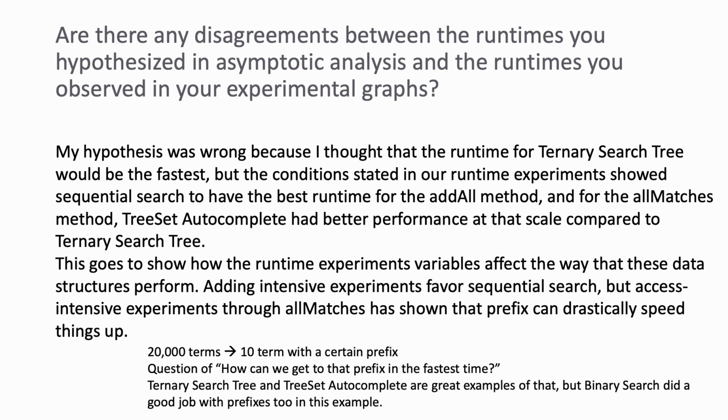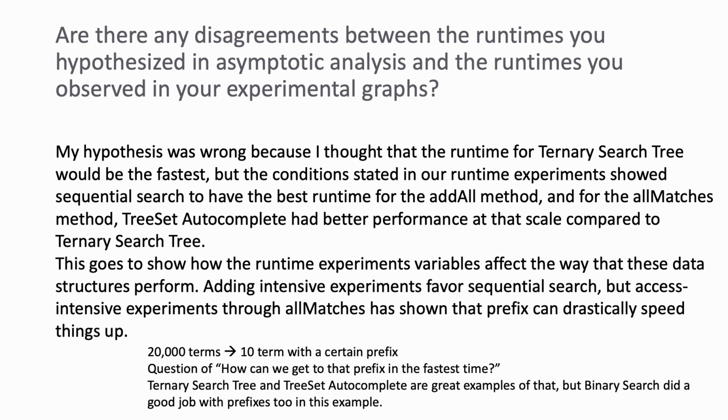So what I wanted to mention was this experiment, the way that it was laid out, goes to show how runtime experiment variables affect the way that the data structures perform.